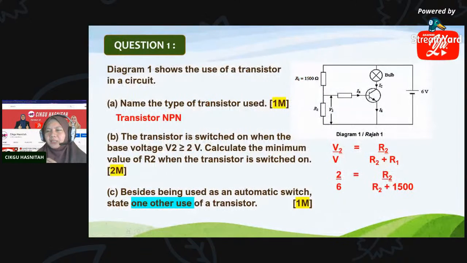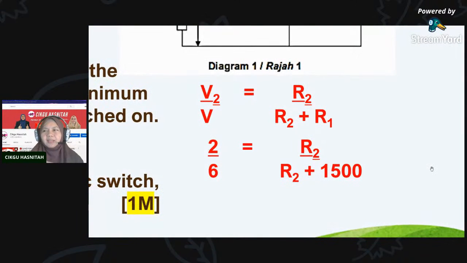V2 is equal to or greater than 2, so we write 2. The total voltage supply is 6, and R1 is 1500. Please calculate the value for R2.